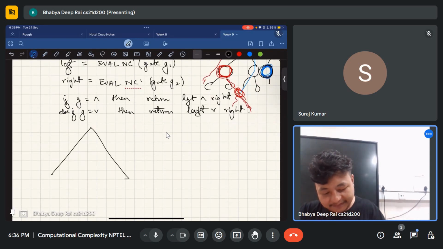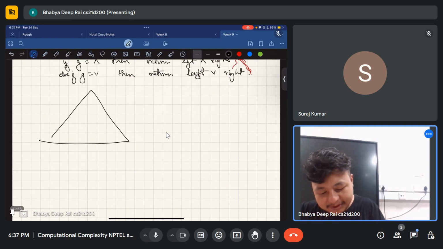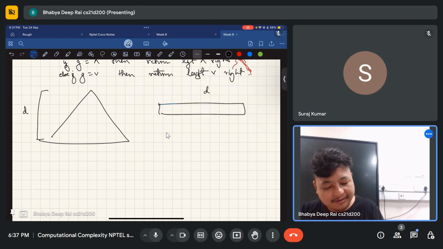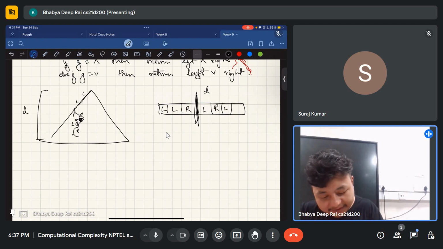So if this is the circuit and this is the depth D and this is my storage D here, and I go down a path, and then I do left, left, right, and so on. And here I want to find the value of G, right? So I do the left-right business, and I can use this remaining space to do left, right, left, and here I do left, right, left.